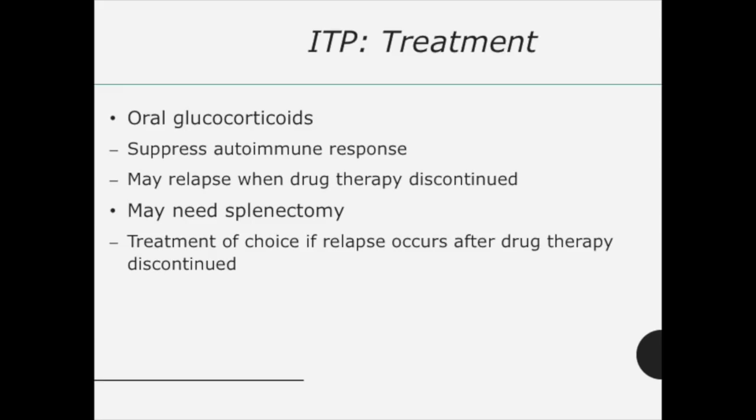Oh my God, there's oral glucocorticoids. So we're going to use those to treat this because our steroids are going to suppress that autoimmune response. These patients may relapse when this drug therapy is discontinued.